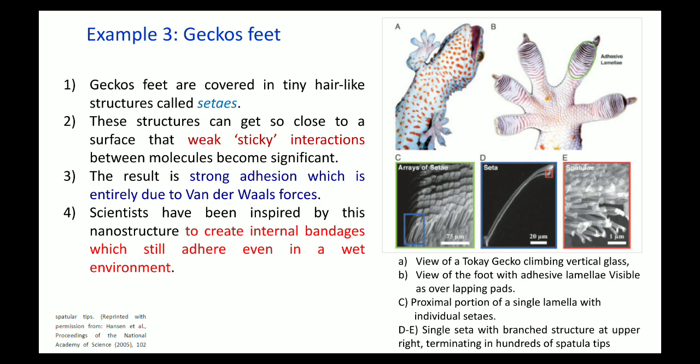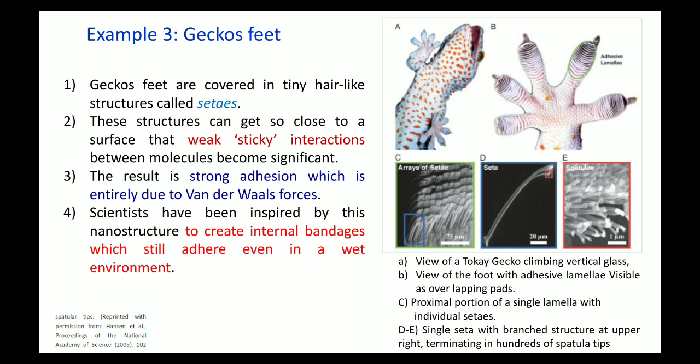Or even you can see this as a gecko. This is a gecko's feet. You can see it can even climb on a smooth surface like glass. Glass is the smoothest sample which we easily have in front of us, and it is very hard to climb on a smooth surface, especially in the vertical direction.